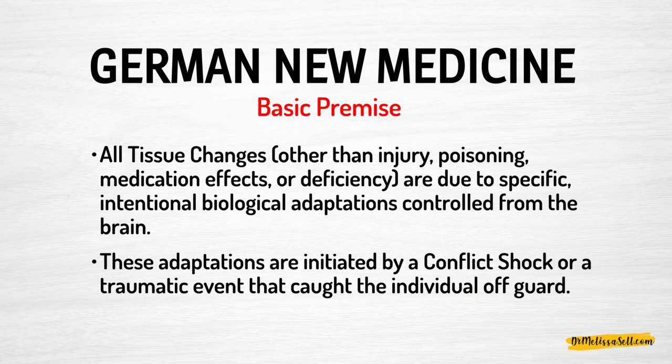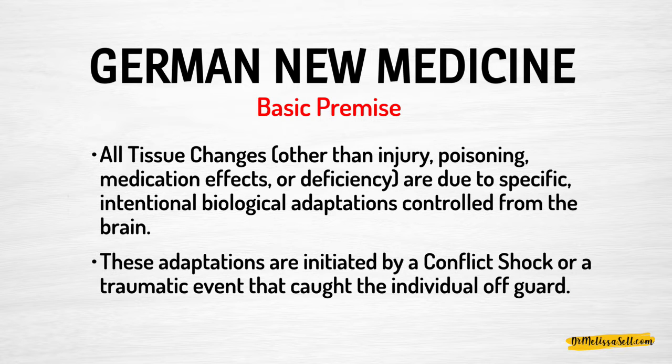Alrighty, let's get started. The basic premise of German New Medicine is that when you have some type of health issue, symptom, or change in tissue in your body, other than due to an injury, surgery, poisoning, medication, or deficiency, it is due to a specific intentional biological adaptation that's controlled from your brain.